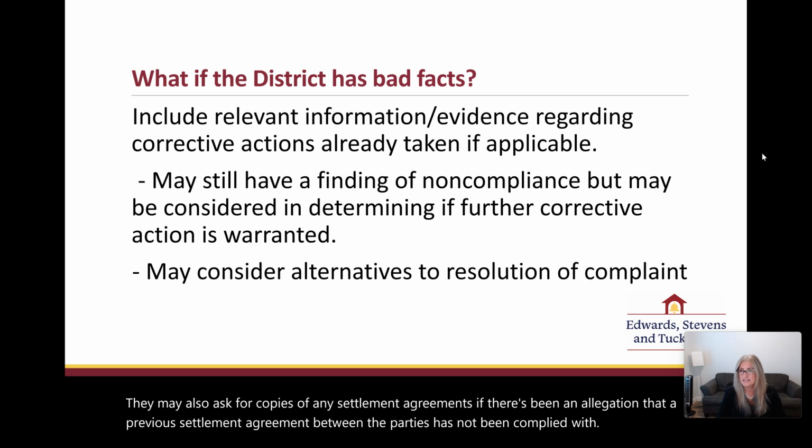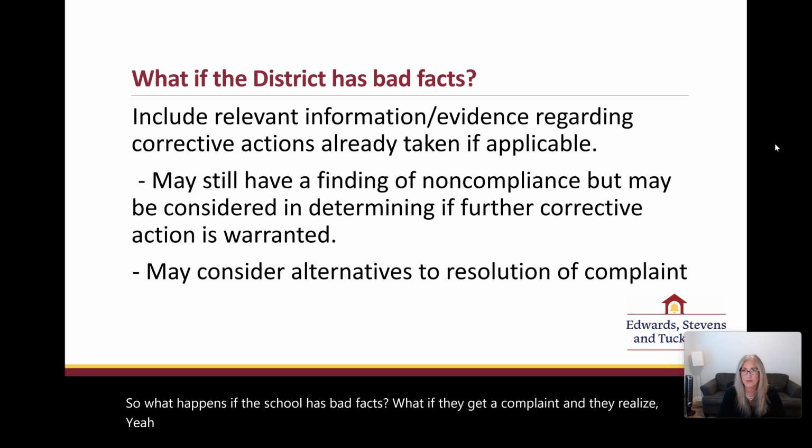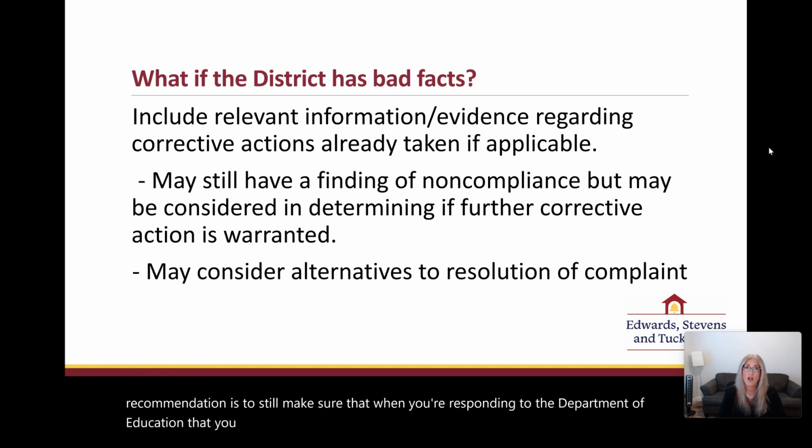So what happens if the school has bad facts? What if they get a complaint and they realize, yeah, you know what, we didn't do the thing that we were supposed to do? Generally, the recommendation is to still make sure that when you're responding to the Department of Education, you include all relevant information regarding any corrective actions that have already taken place.